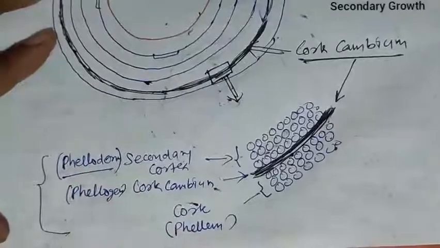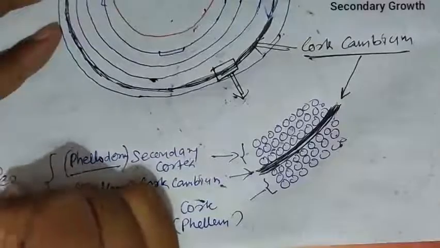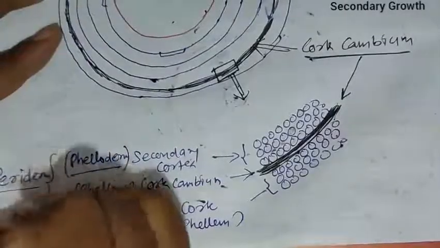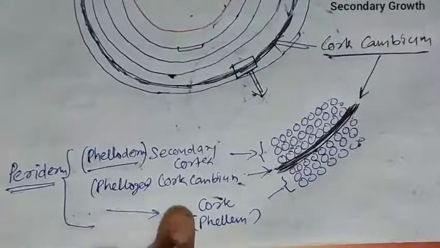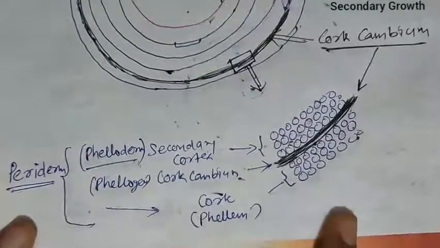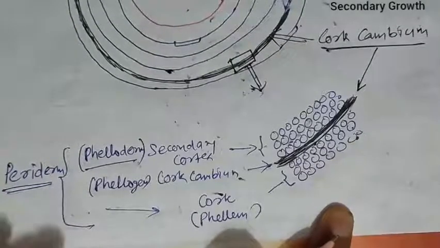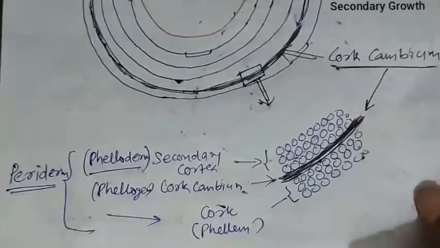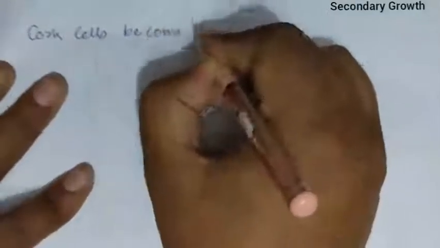Phellem, phellogen and phelloderm are combinedly called as periderm. They will be combinedly called as what? Periderm. So this periderm is completely formed on this outer surface. I hope you understood the activity of cork cambium. Now, cork cells get suberized and become impervious to water.